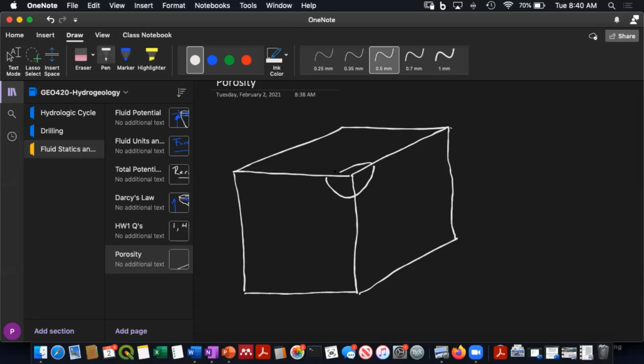Okay, so in our cube of porous media, we're going to have a bunch of sand grains. You can draw them however you want, but these are sand grains.